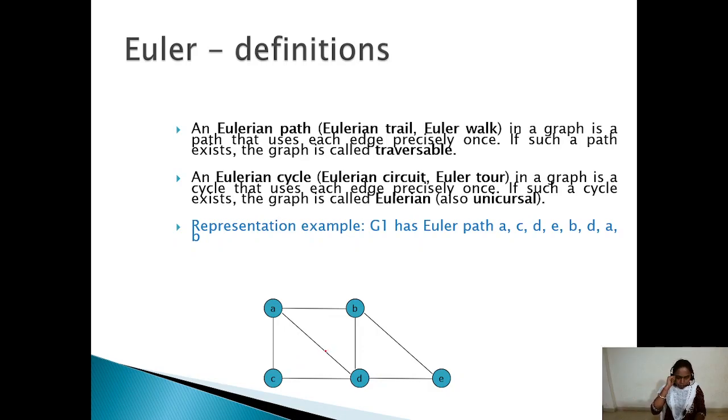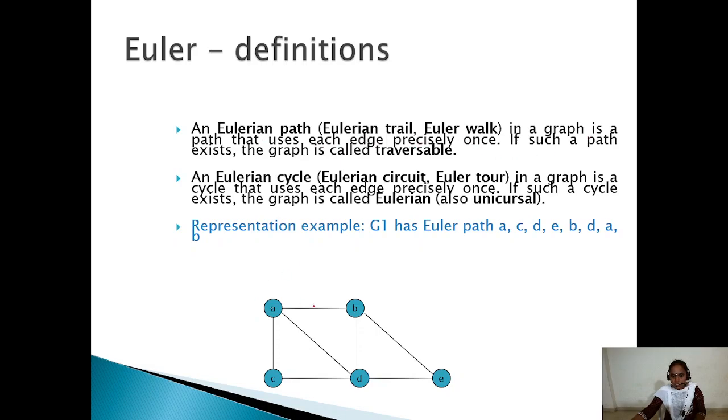The start and end vertices may be different, it's no problem, but each edge is visited only once. This is the Euler graph. An Euler path visits each edge precisely once.